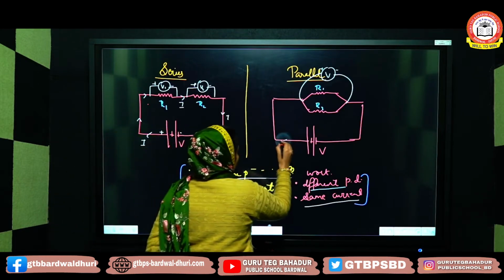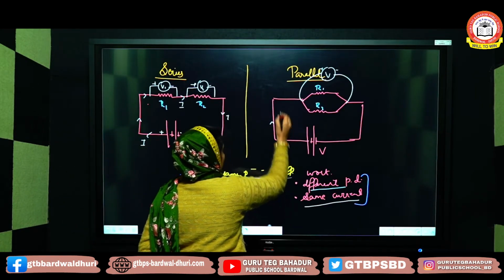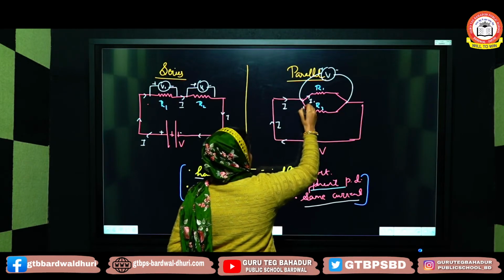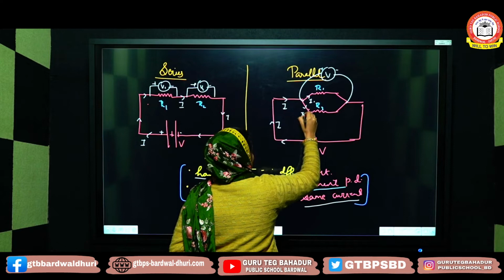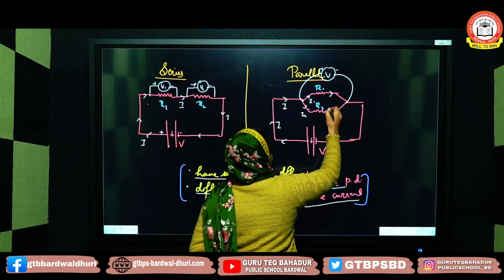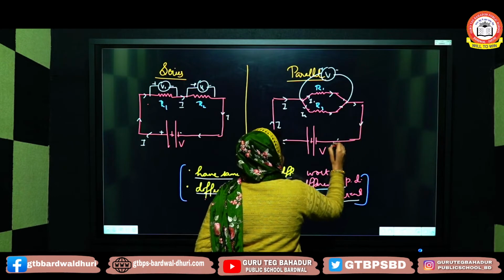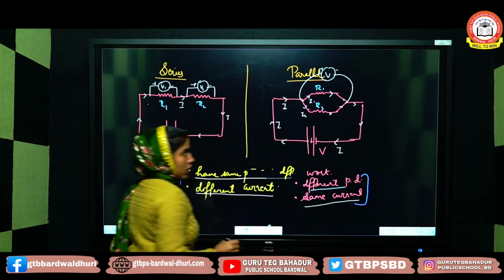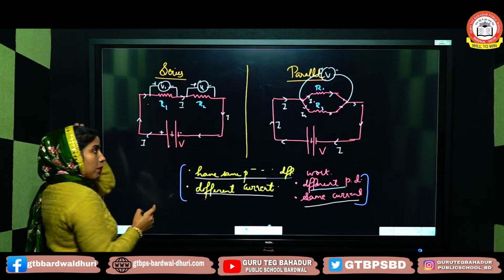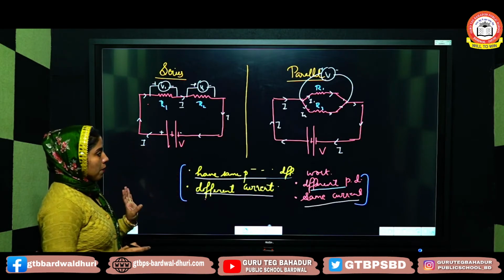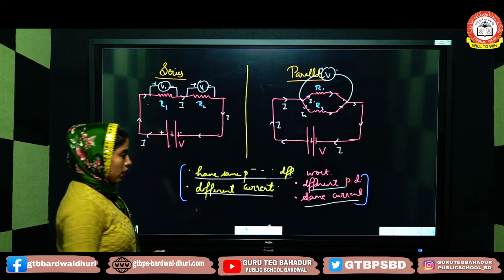So the same thing we will follow here. Let I be the current that is flowing, I1 the current received by resistance R1, and I2 the current received by R2. In this way I current is flowing in the whole circuit. So this is how we make circuits. By knowing these 2 points, we can easily make circuit diagrams also.